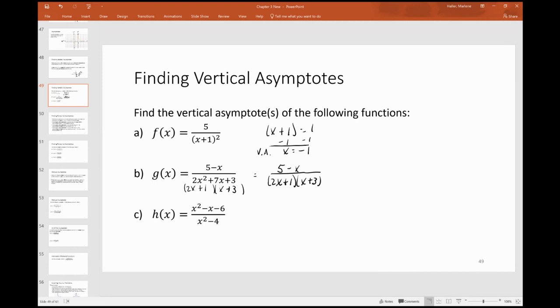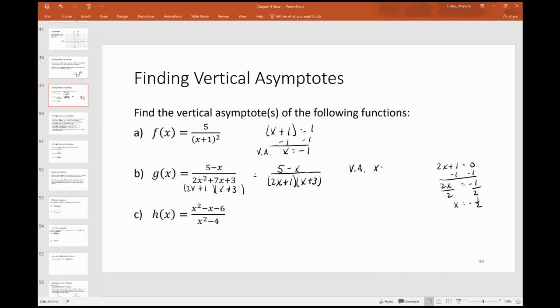All right, so I have two factors of the denominator. Let's see where those vertical asymptotes are. Since there's two factors, I'm going to have two vertical asymptotes. Okay, the first is going to occur when 2x plus 1 equals 0. Solving for x, we see that we have a vertical asymptote at x equals -1/2.